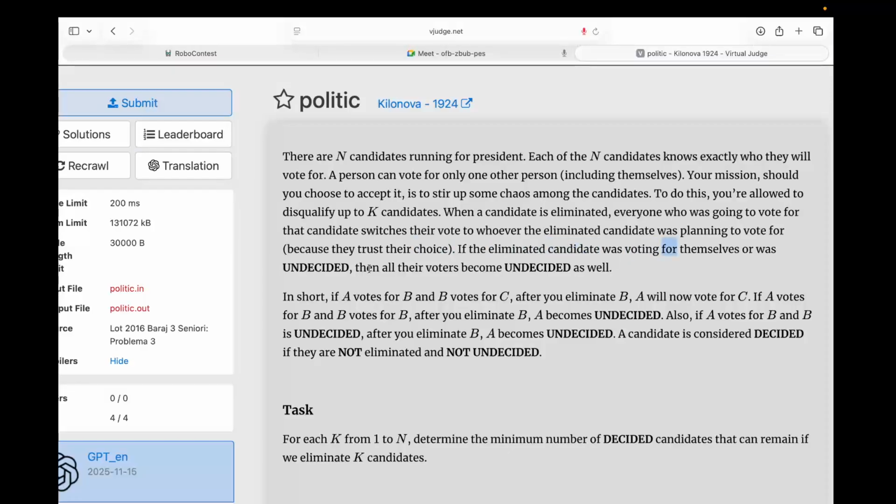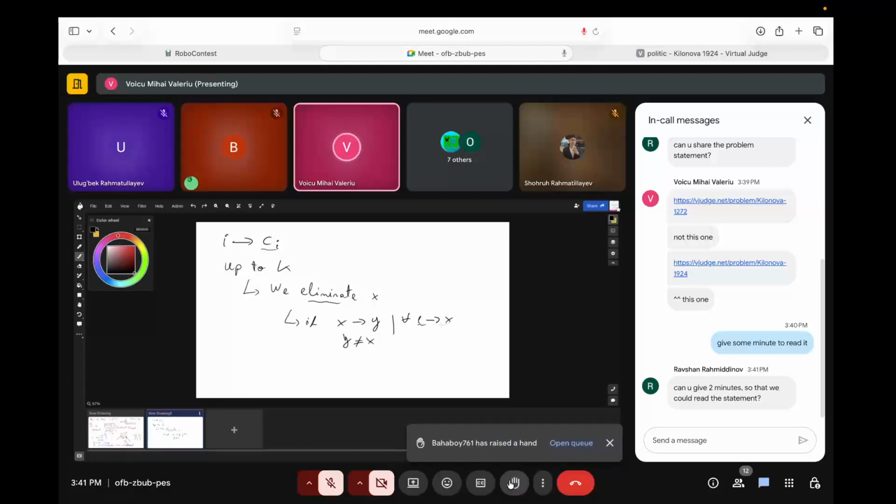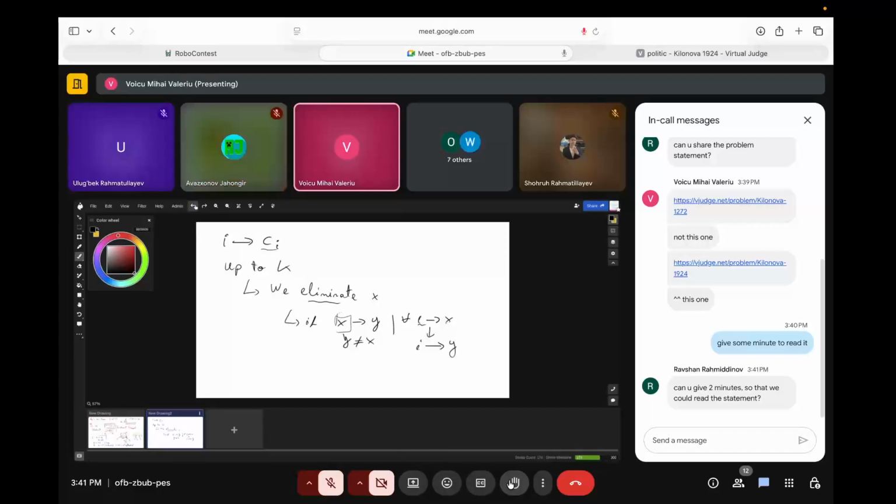Then the following rules apply. If at the time of elimination X was voting with Y, and X was not voting for themselves, which is perfectly allowed, then every follower of X, everyone that would normally vote with X, now instead votes with Y. So they vote with whomever X wanted to vote with initially.